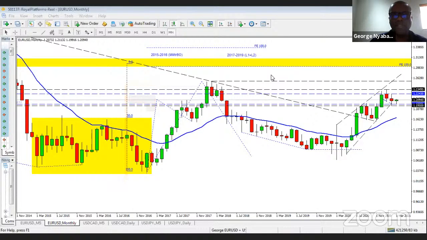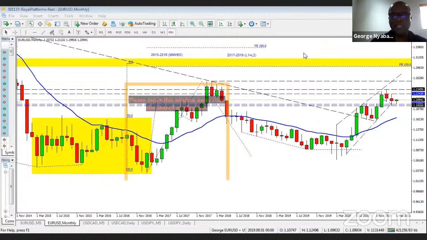Okay, the moving average I'm using, Alan, is the 20 moving average. That's the moving average that I use, and I use that constantly, except when I think that I'm in a possible breakout.